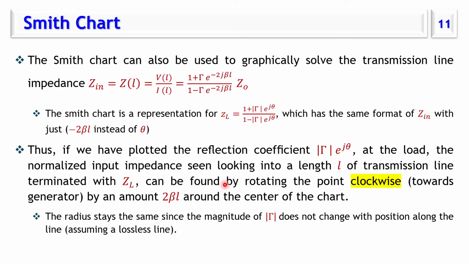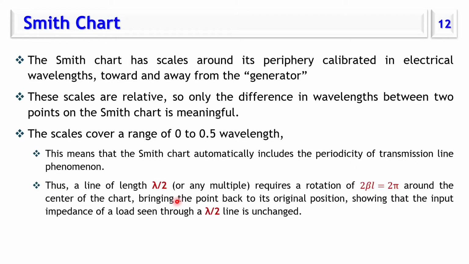So we just rotate on this circle of constant reflection coefficient by a value equal to beta L. Then the point that we reach would be the reflection coefficient at the input of the circuit, and from it we can read the normalized input impedance of this circuit.